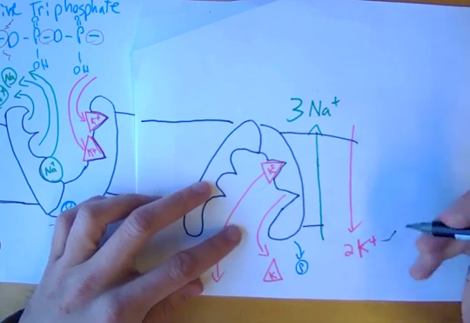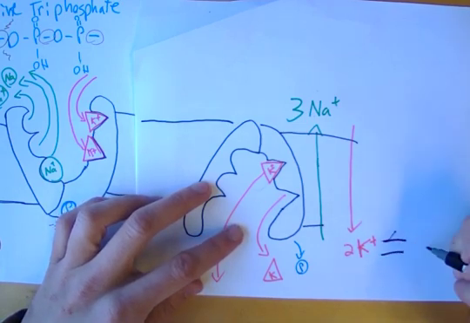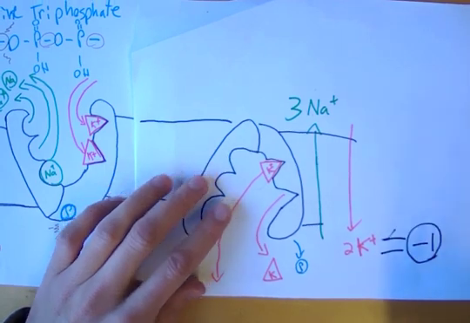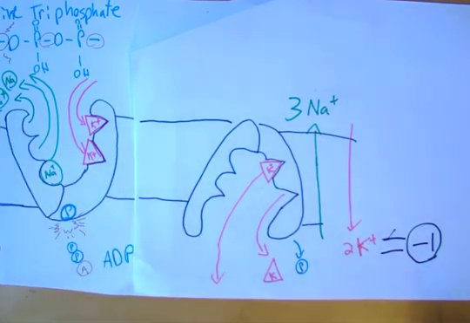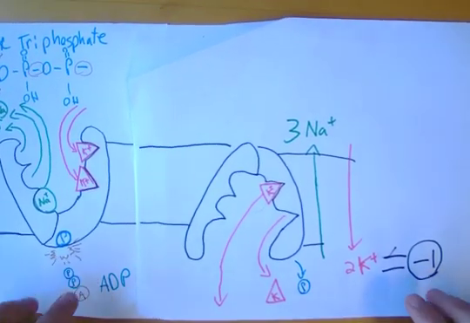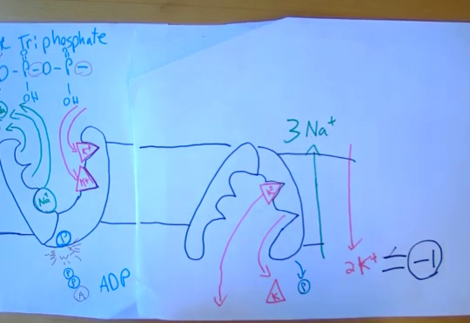And so that equals a net charge of -1. We do this a bunch of times, and this is what drives the resting membrane potential to be negative. -65. All because of the potassium pump working tirelessly to get us back to our resting membrane potential.